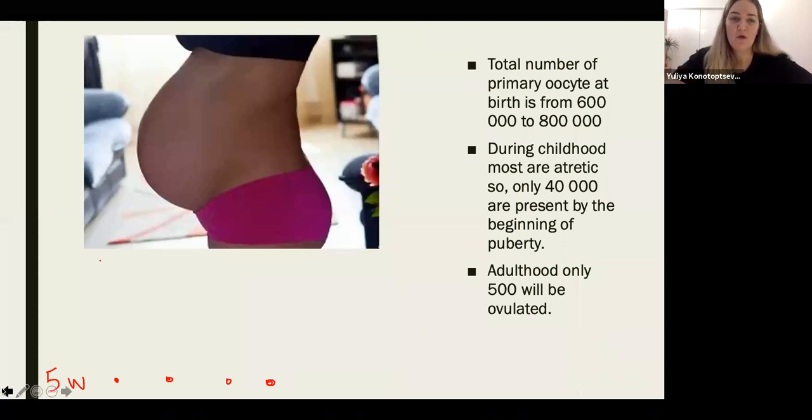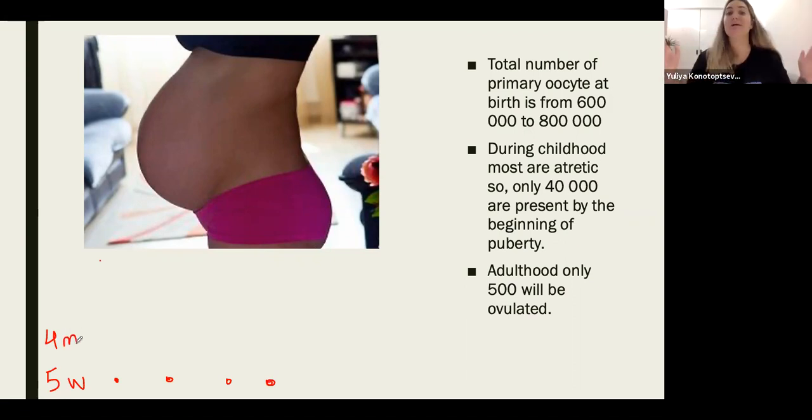So the first thing we're going to look at is the 4th month. The same cluster, but what are the changes in that cluster during the 4th month? You're going to see that some oogonia stay as oogonia, no changes, procrastinators, nothing is happening. So 3 months have passed, 0 changes.